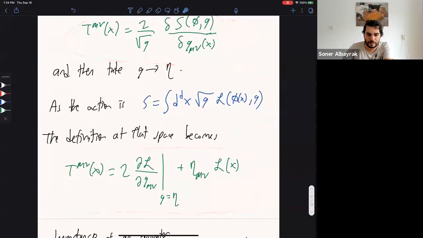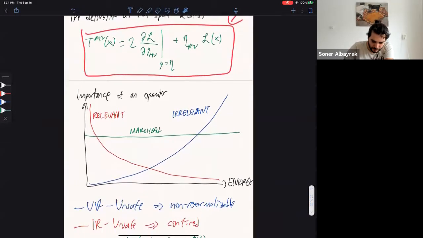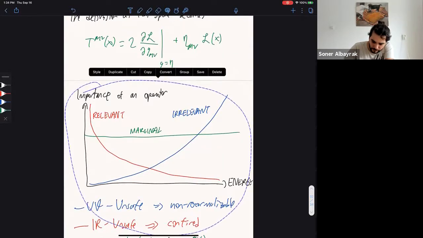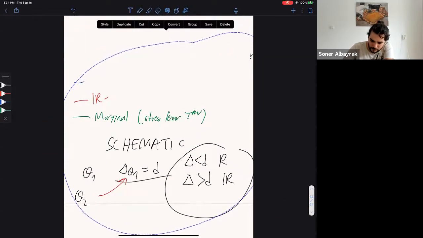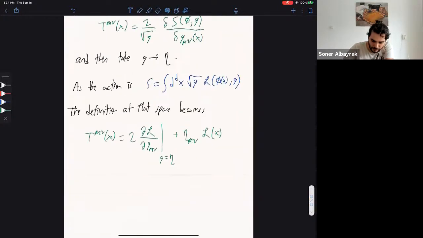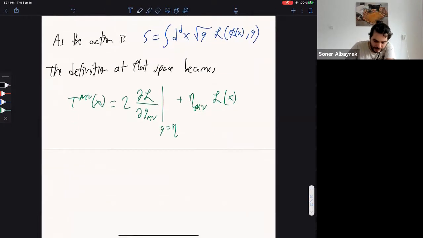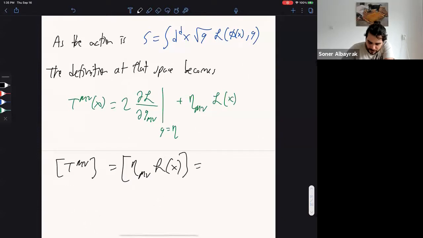Good. Now, here is the thing. If we look at the mass dimension of T mu nu, then it needs to be equal to the mass dimension of eta mu nu times L, where eta is just a metric.